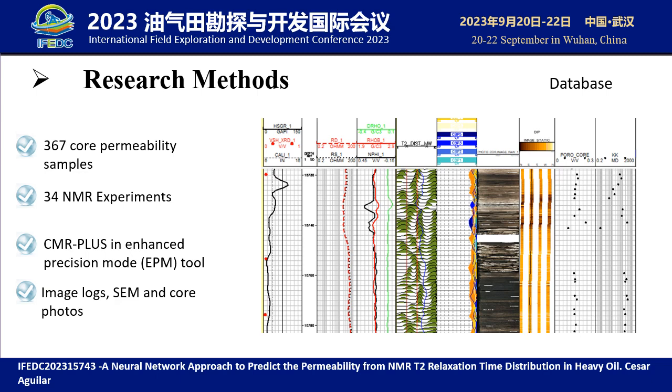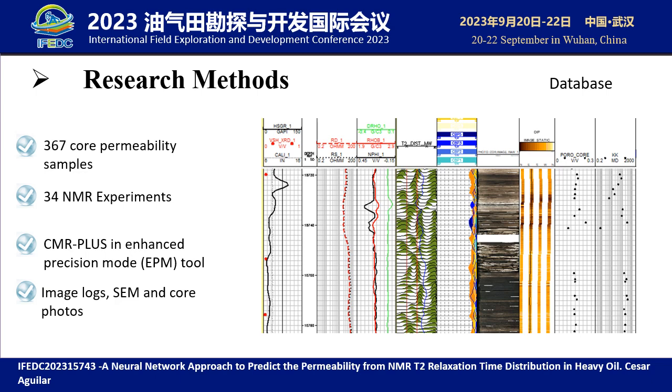Our research method starts by gathering all the information available. 367 core permeability samples and 34 NMR experiments were gathered in this cored well. Also, we have available a CMR-Plus in enhanced precision mode, and we needed to process the log in-house.